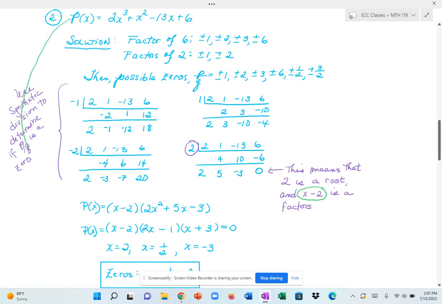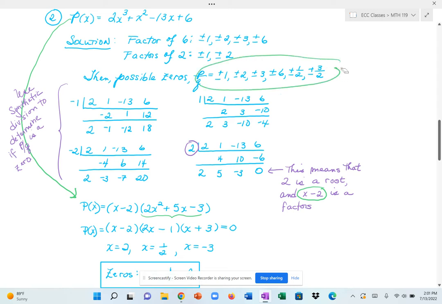So this is going to get rewritten as x minus 2 times, and then here's my quadratic, 2x squared plus 5x minus 3. And the reason why that's helpful is because now I can take that quadratic and factor it and be able to find the other roots more easily than having to go through this entire list.